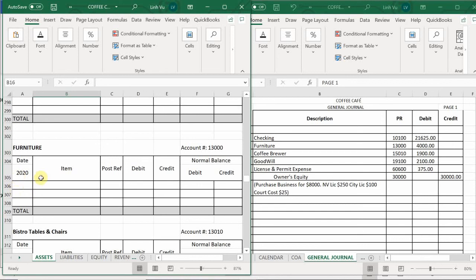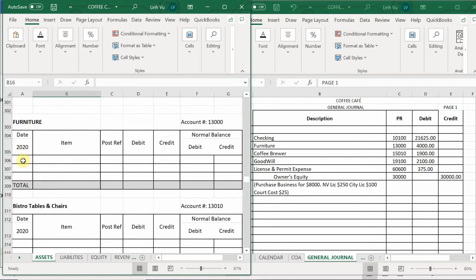And same thing I'm going to add here: June 4th, I purchased furniture. This is where you could be specific. Maybe I purchased furniture on May 31st. I purchased furniture on May 31st.